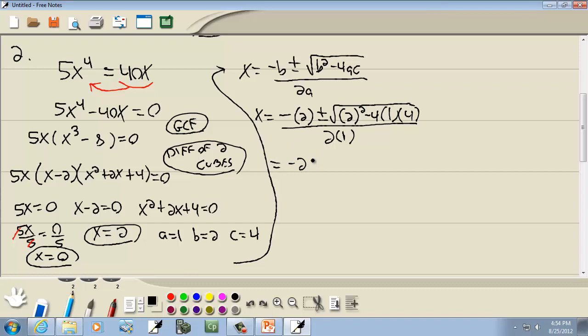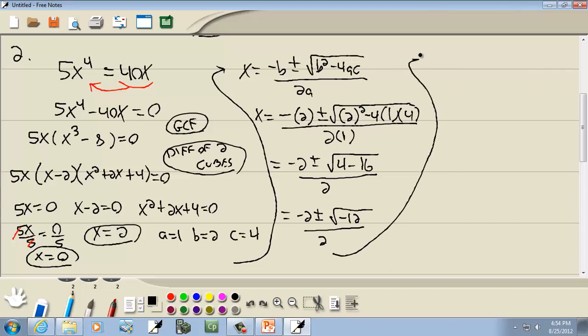Well, that gives us negative 2 plus or minus the square root of 2 squared is 4 minus 4 times 1 is 4 times 4 is 16. So 4 minus 16 over 2 times 1, 2. Which gives us negative 2 plus or minus the square root of 4 minus 16 gives us negative 12 over 2.